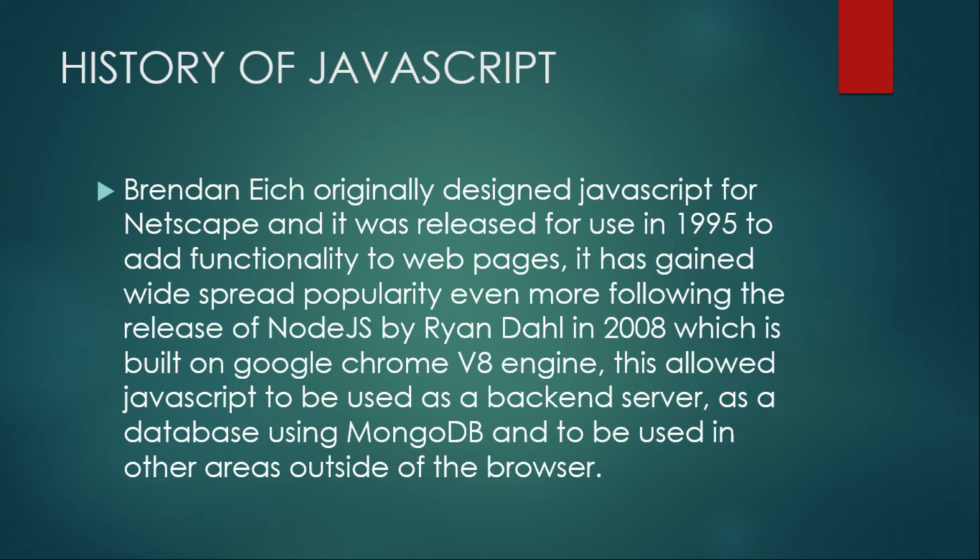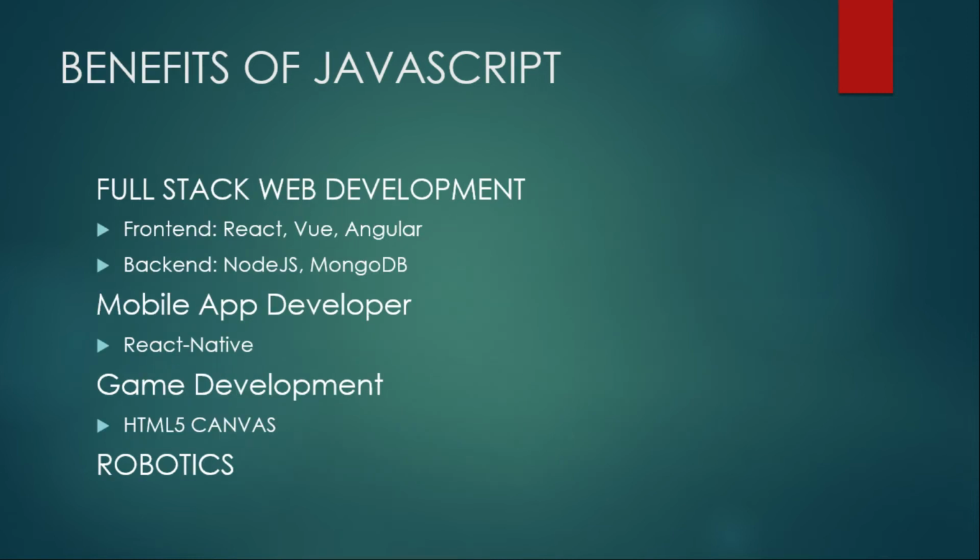Now, the benefits of learning JavaScript, or benefits of becoming a JavaScript developer. From all that we have said so far, you can go into full stack web development. That is, you can be a front-end developer using React, Vue.js, or Angular.